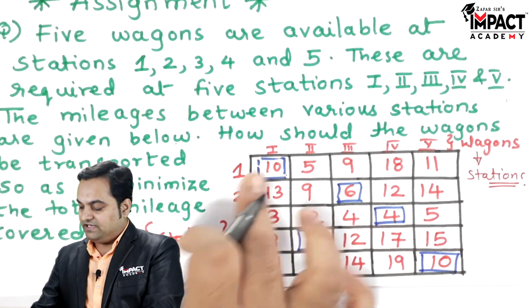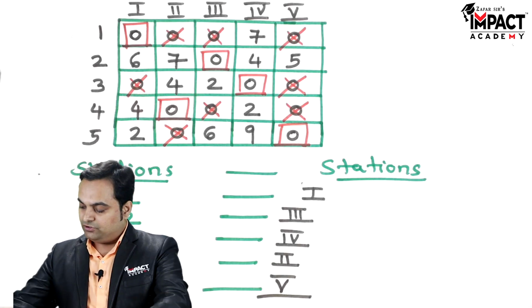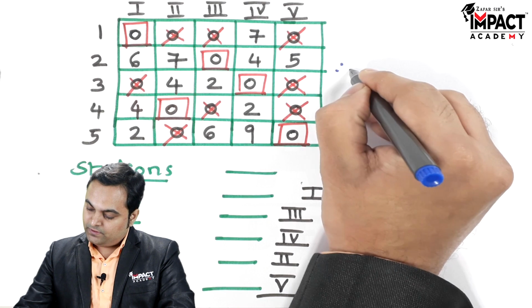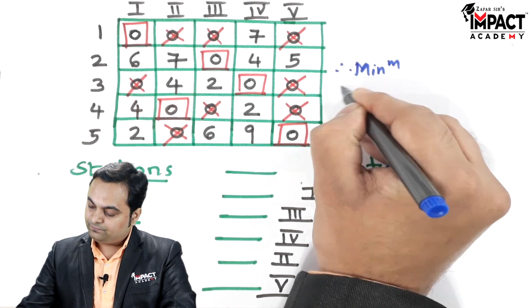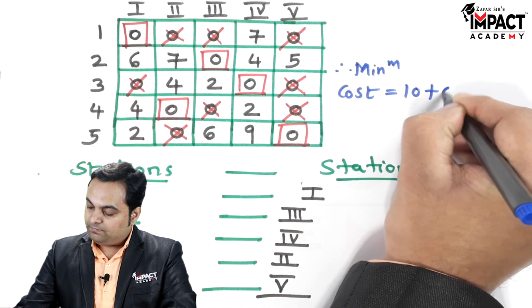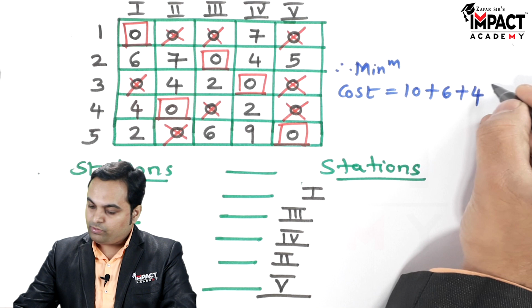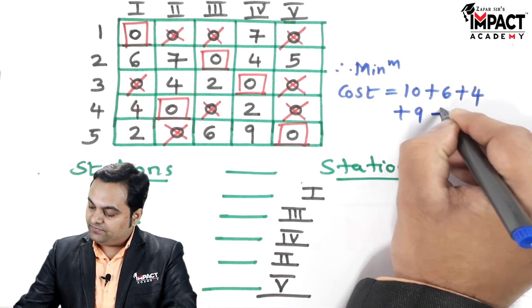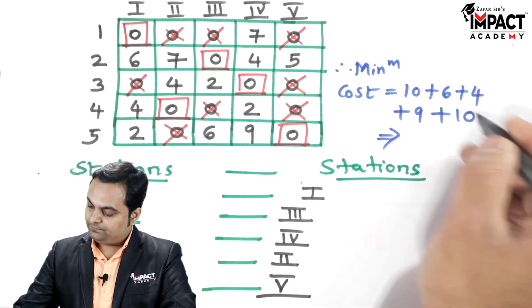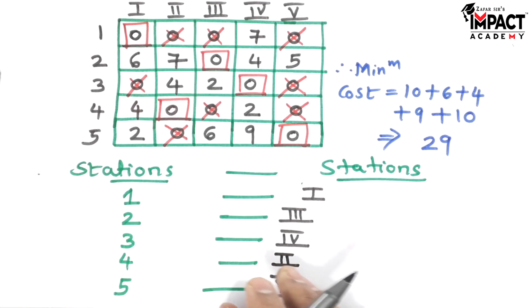So whatever the assignments we have made, we have to add these values, that will give us the minimum cost. So hence the minimum cost will be equal to the values 10 plus 6 in the order of assignment, plus 4 plus 9 plus 10. That gives me the value as 29.